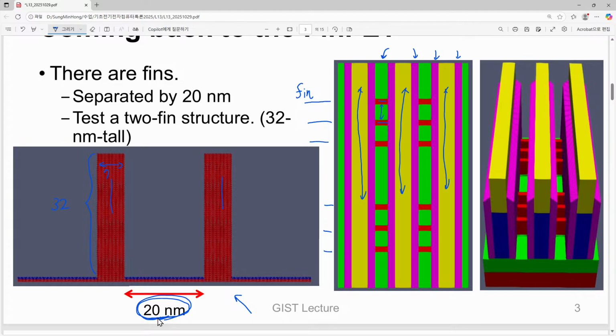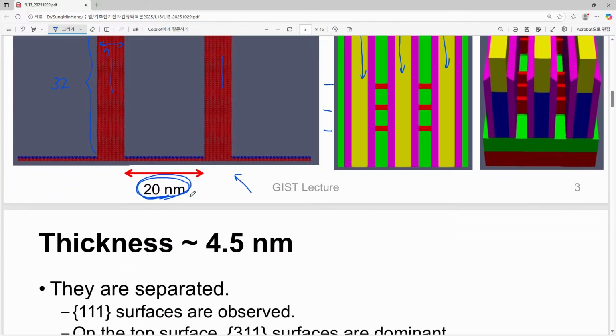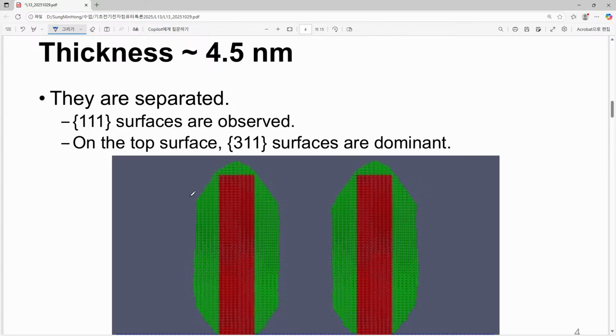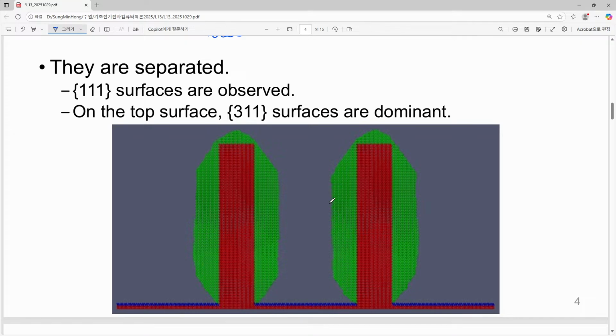Let's perform a kinetic lattice Monte Carlo simulation for this structure. If we introduce a thickness of 4.5 nanometer, how does it look? This is the cross-sectional view of this system.